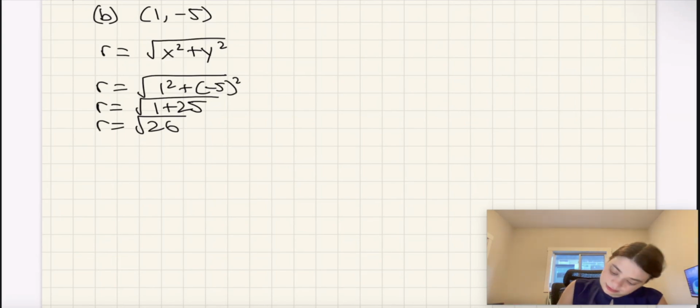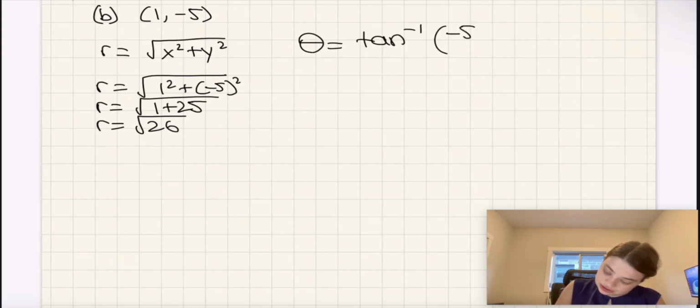Then for the next one, we know that theta is equal to inverse tan of y over x, which is negative 5 over 1 in this case, or just negative 5 is fine as well. Let's see in the calculator what that will be.